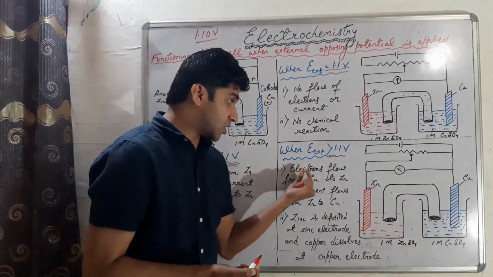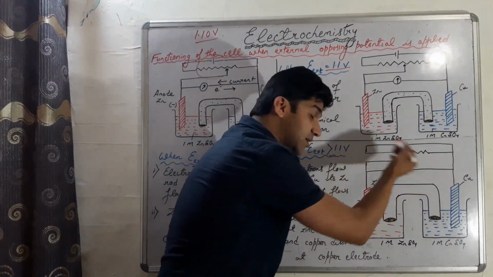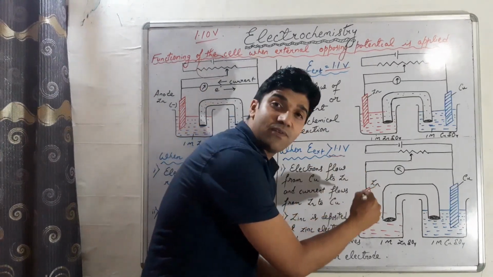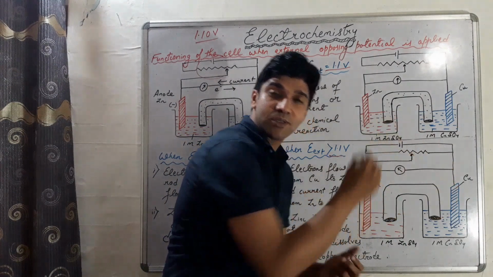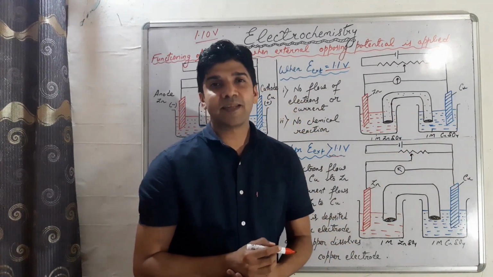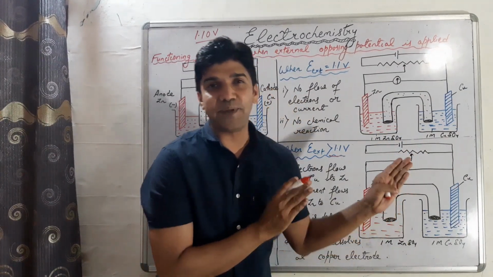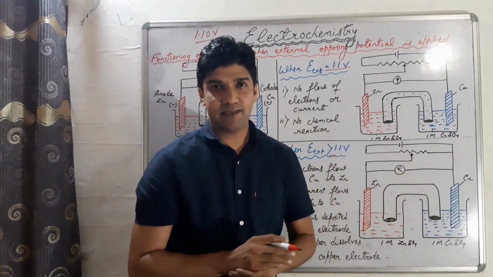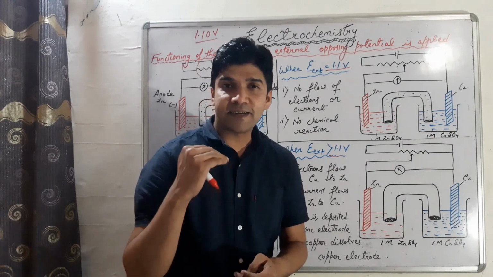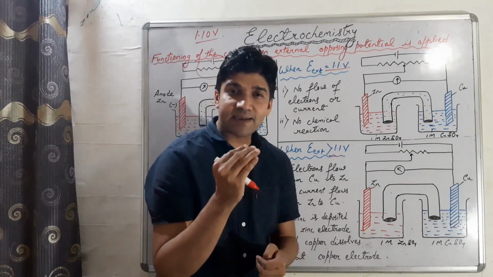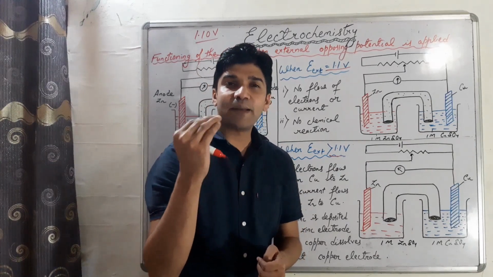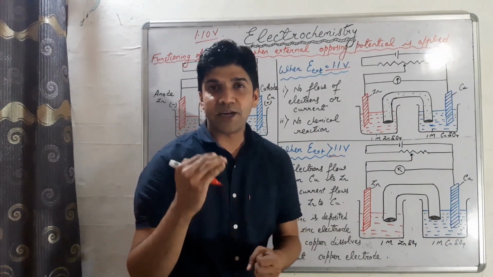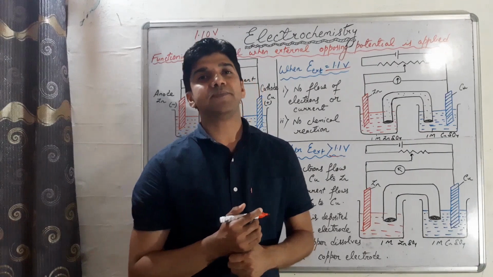Now the electrons will flow from copper to zinc, उल्टा हो गया, current will flow from zinc to copper. That means now it will behave as an electrolytic cell and it converts electrical energy into chemical energy, ठीक है, for a non-spontaneous process.